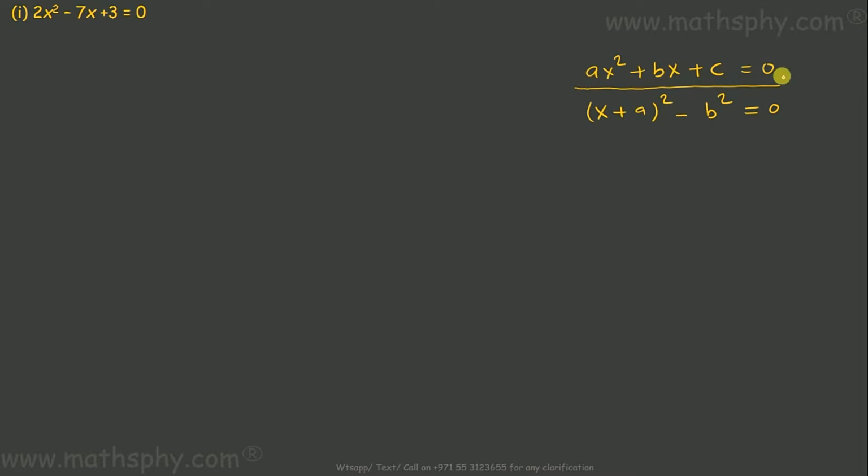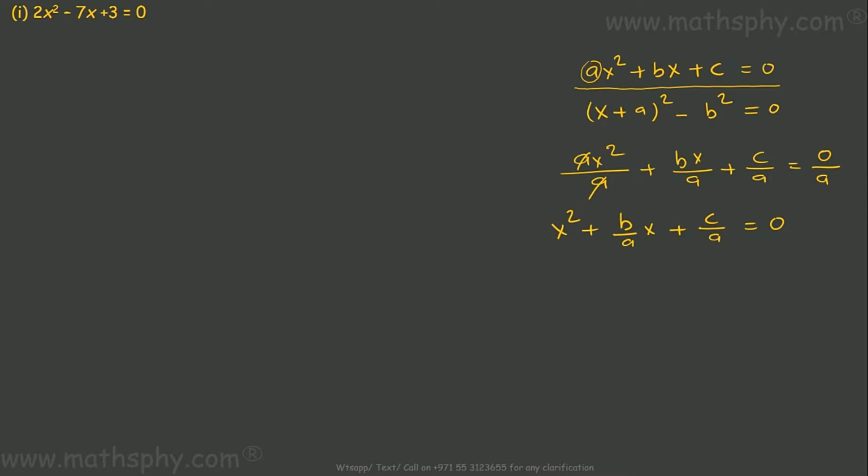Let's divide this equation throughout by a. We have a here, coefficient of x squared. So ax squared divided by a plus bx divided by a plus c divided by a equals to 0 divided by a. So this becomes x squared plus bx over a, or write it as b over a x, same thing, plus c over a equals to 0.